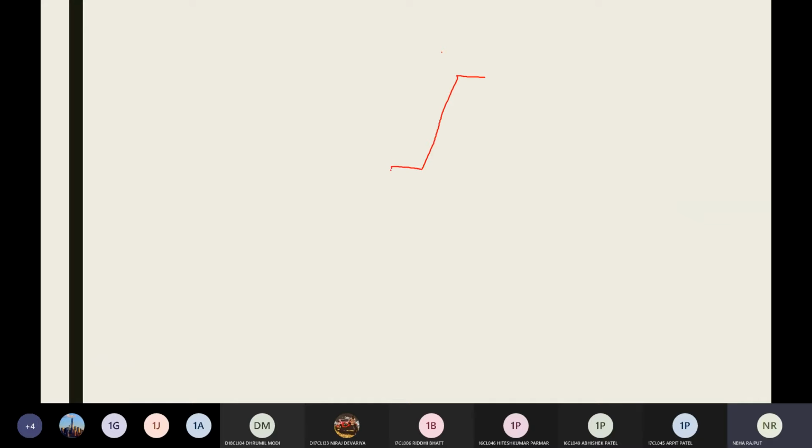So this is our counterfort retaining wall. This is my counterfort retaining wall, and this one is the stem part. Right, this is the length.